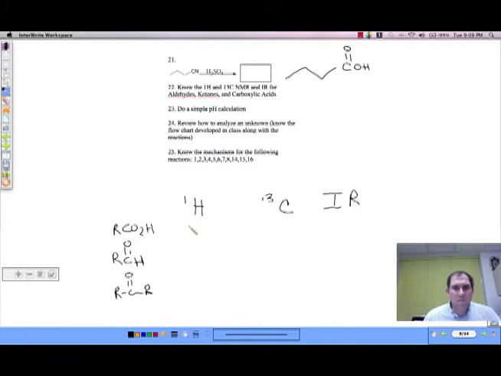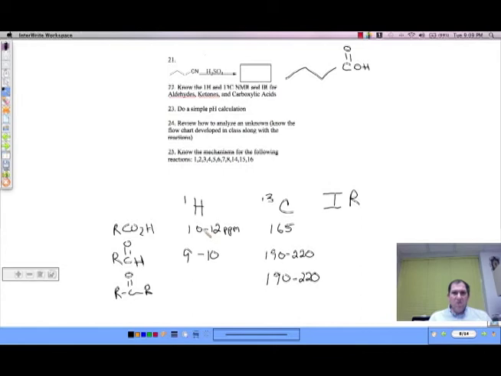Proton NMR, remember the acid, usually around 10 to 12, but the aldehyde is between 9 and 10. C13, around 165 for the acid, 190 to 220 for the aldehyde and the ketone. So you see we can differentiate now, because the acid shows the peak between 10 and 12, the aldehyde between 9 and 10. If you don't see either of these, but you still have a C double bond O in this region here, 190 to 220, you're looking at a ketone.